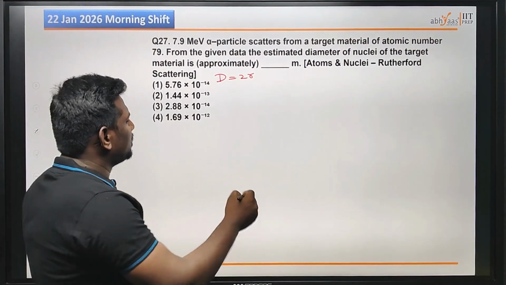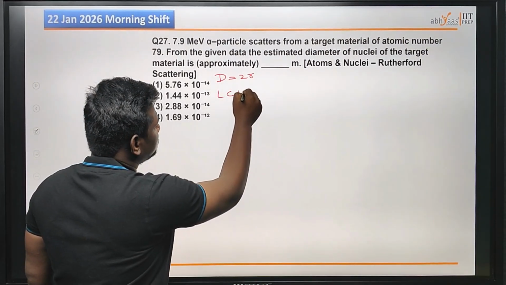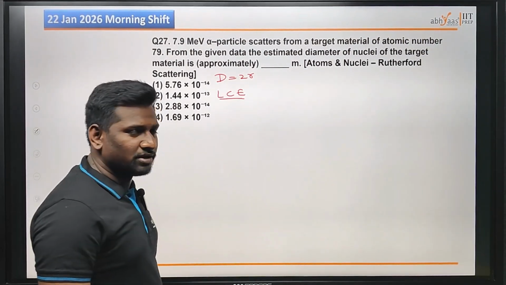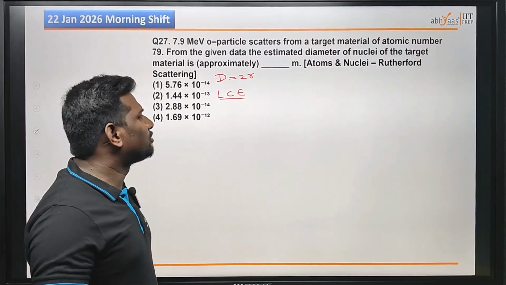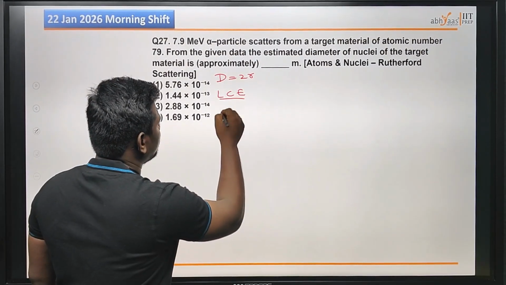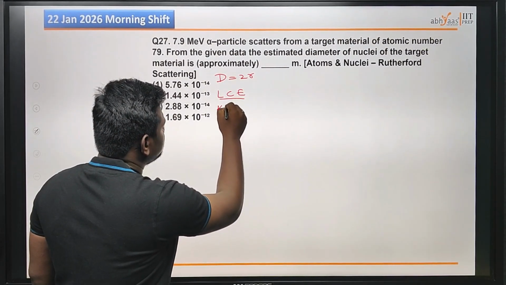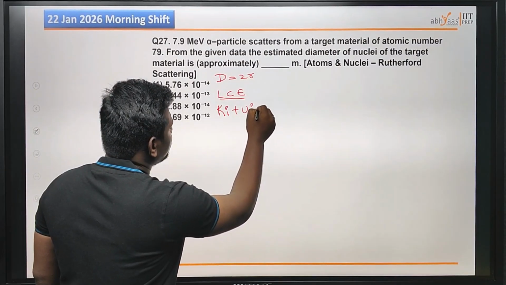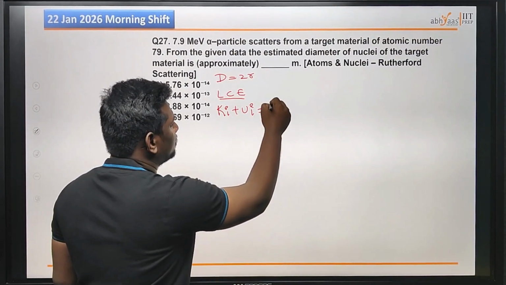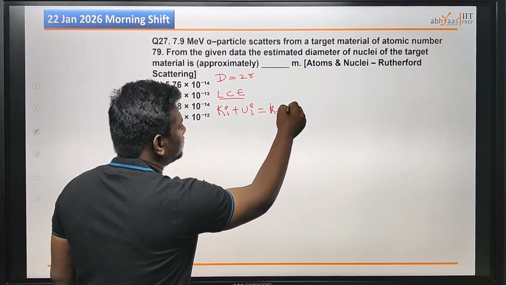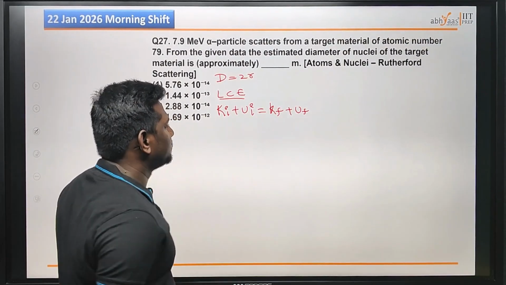So we know the law of conservation of energy. From this, initial energy is equal to final energy. So what are the initial energies? Initial kinetic energy plus initial potential energy must be equal to final kinetic energy plus final potential energy.